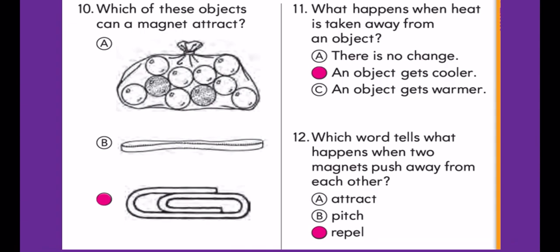And when you take away heat from an object, definitely it will be cooler. Then when magnets push away from one another, they definitely repel, because attract means that you pull something toward you.